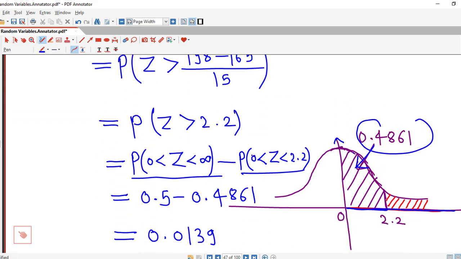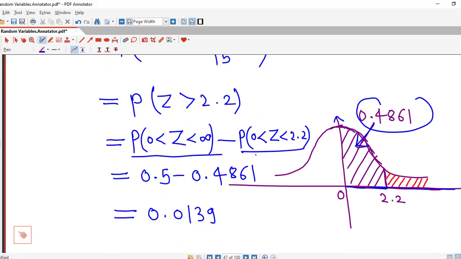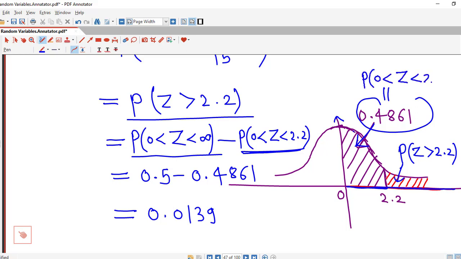So this is very easy. Using standard normal curve properties and using given areas, we are able to decide the required areas. So the probability that z is greater than 2.2, shaded by red lines, together with the probability between 0 and 2.2, makes up the total area to the right side of the y-axis, which is 0.5.